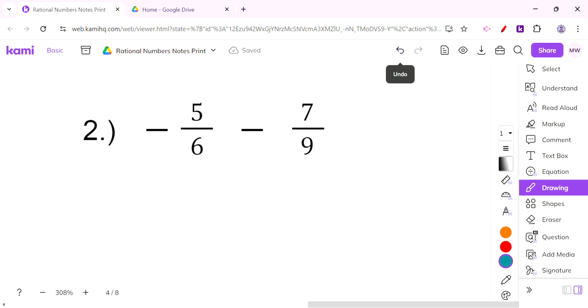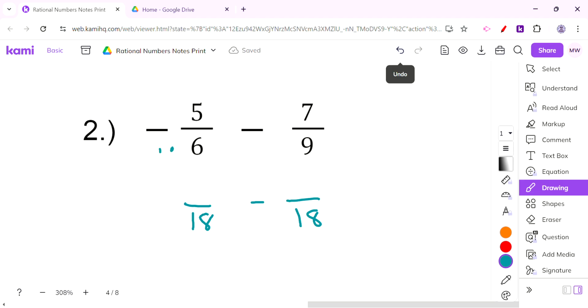Our multiples of 9 are 9, 18, 27. You'll notice that 18 is in both of them, so that is what I'm going to use as my common denominator. If you couldn't see that right away, feel free to multiply 6 times 9 and use 54 as your common denominator. You'll just have to do a little bit of simplifying in the end.